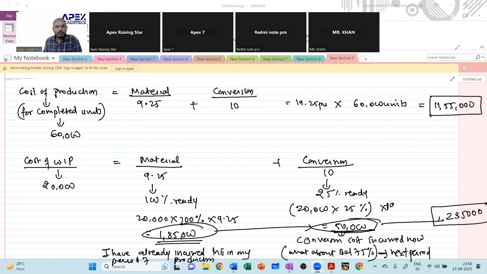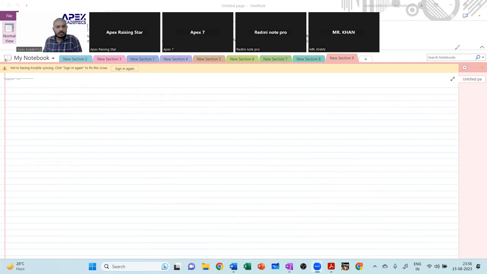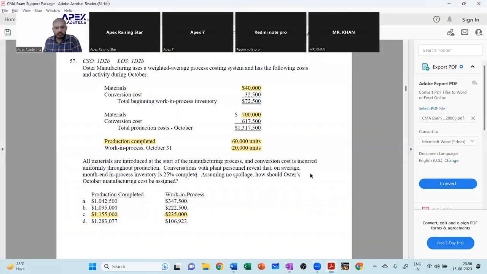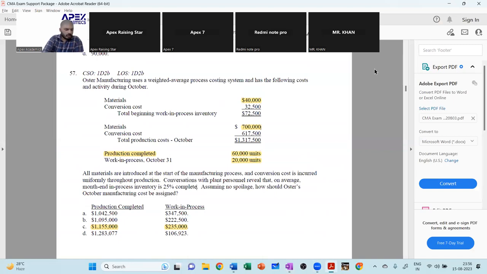Sure. You have to assume that materials are 100% ready, even in the production and the closing stock. So these 60,000 are 100% ready and this closing stock is 100% ready.